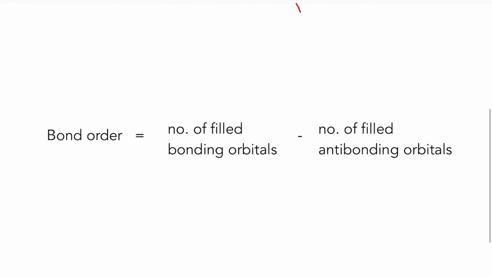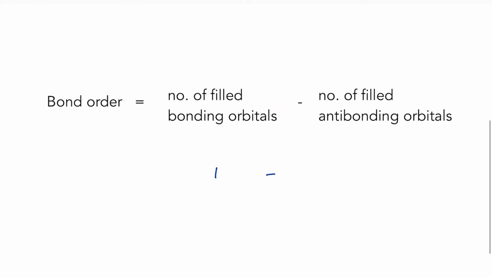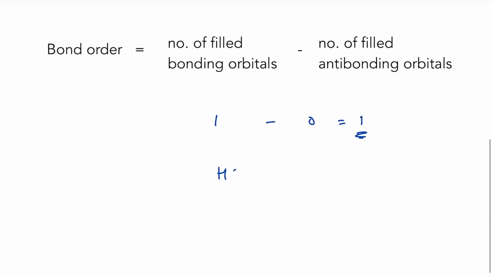So the bond order for hydrogen is 1 minus 0, which equals 1. And this corresponds with our idea that between two hydrogen atoms, we've got a single pair of electrons. This is, of course, a Lewis structure, and it predicts a single bond, what we were familiar with.